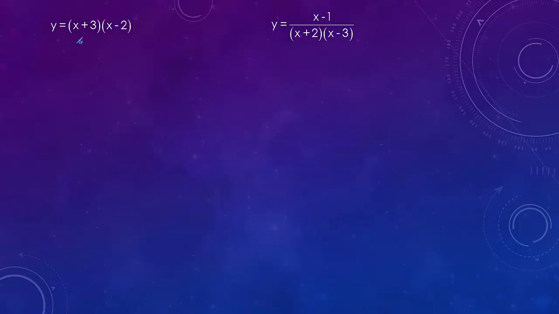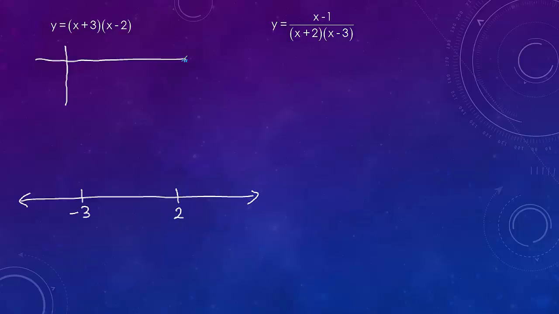Now consider y equals (x plus 3) times (x minus 2). I can see that there's a 0 when x is negative 3. And another 0 when x is equal to 2. Now, it's not really necessary here, but when you get more complicated functions, this can be useful.